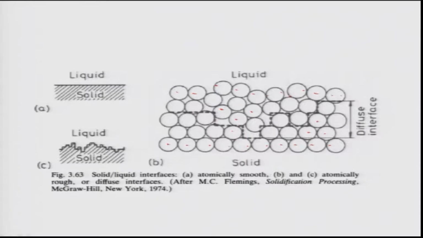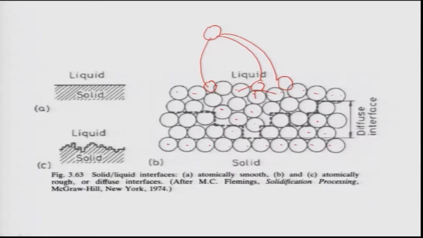When you have such an interface, you can clearly see if there is an atom in the bulk of the liquid, and the atom needs to come and jump and join the solid. It can come and sit over here nicely, or it can easily come and sit over there nicely, and then satisfy its bonds. One, two, three bonds can be satisfied, right?